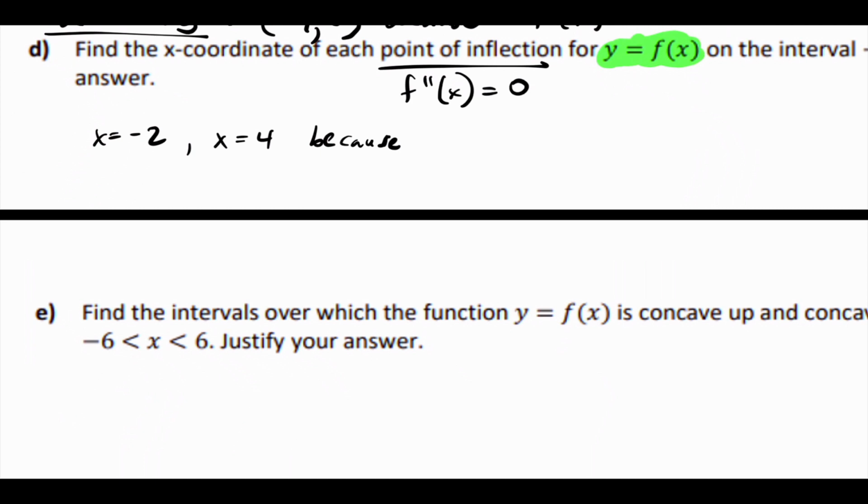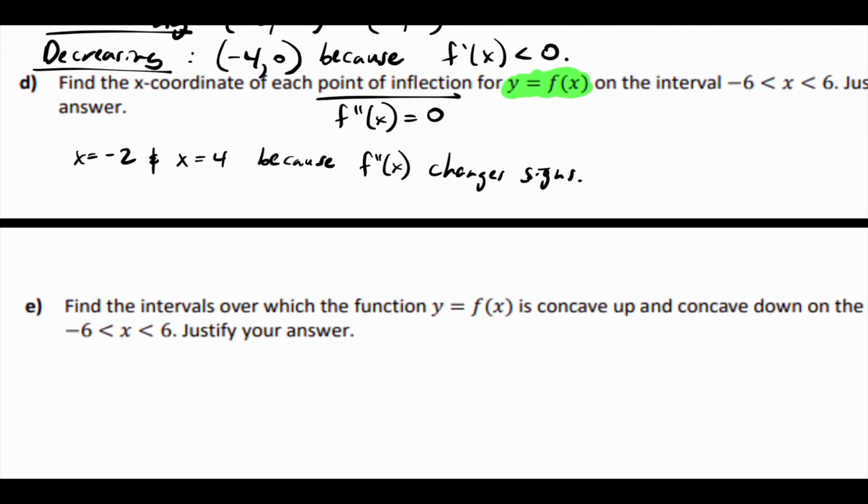So I'm not going to use f double prime equals 0. I'm going to say f double prime changes signs.